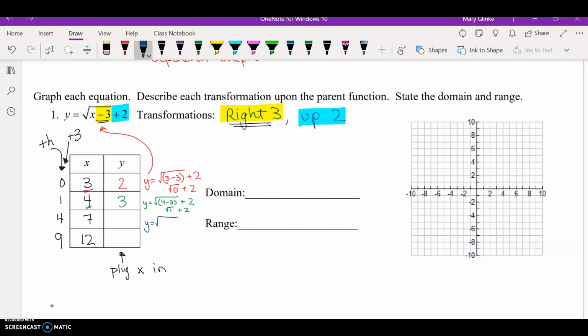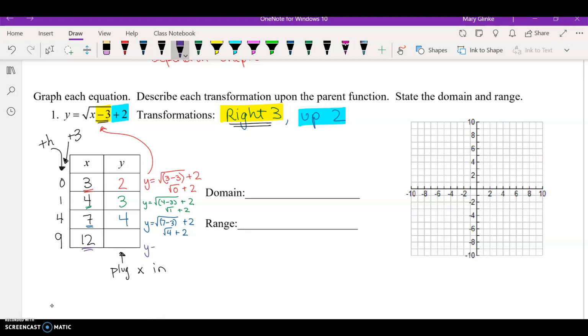For our next one, we're going to do the square root. The number we're plugging in is 7. Oh, I wrote a 4 there. So it's 7 minus 3. We're taking the square root of 4 and adding 2 to that. 2 plus 2 would give us 4.